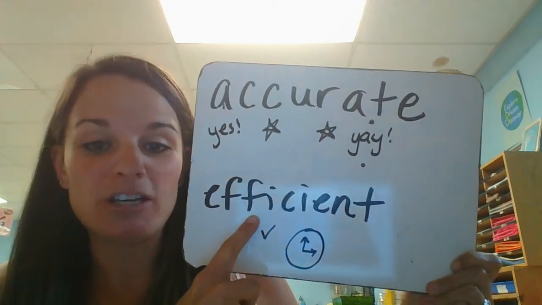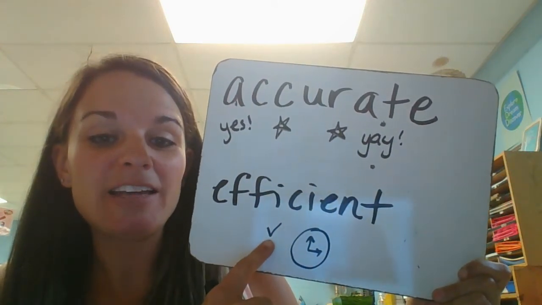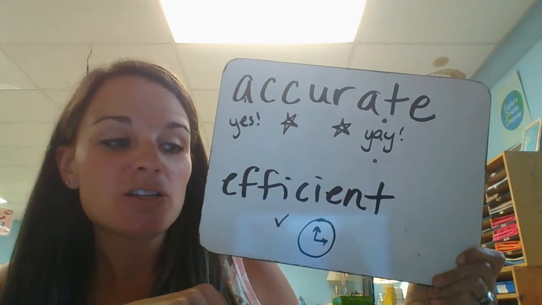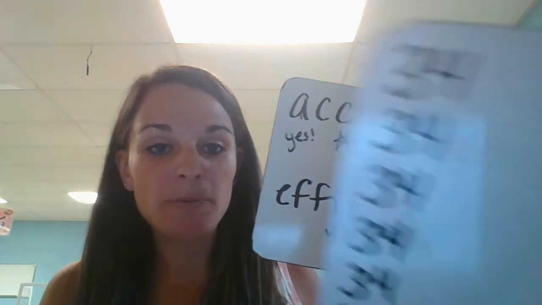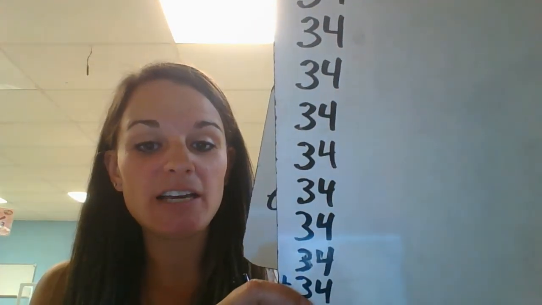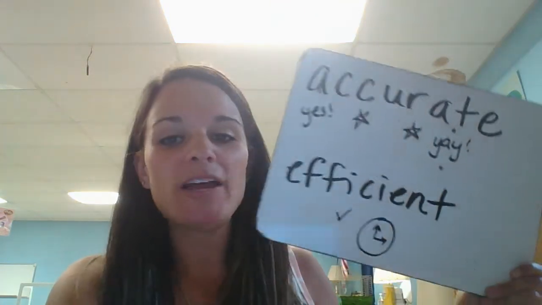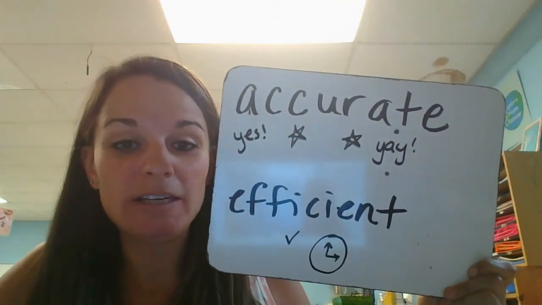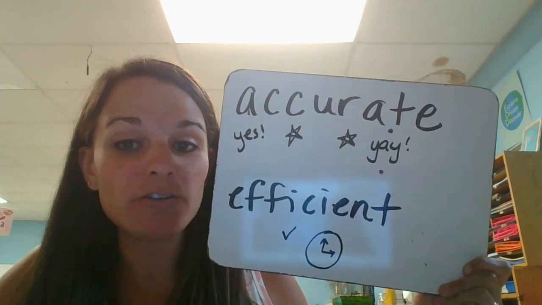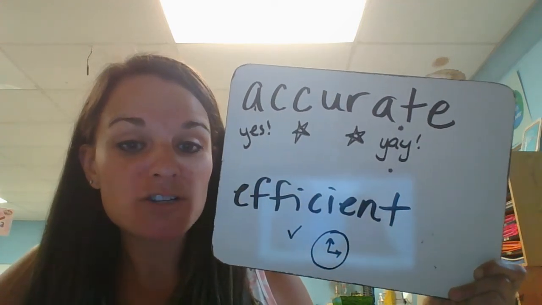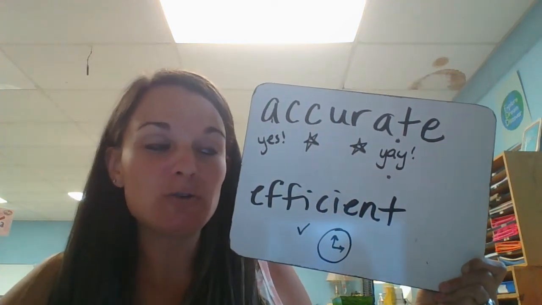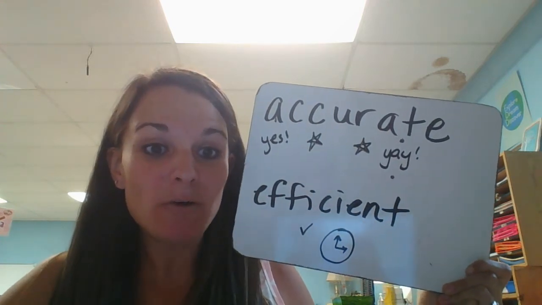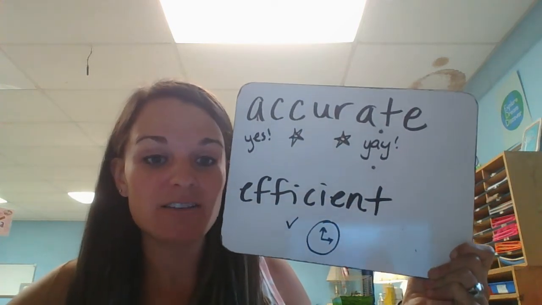The other word is efficient. That means we're going to get it done quickly. We don't want to do repeated addition because that is going to take a very long time. So that's why we like U.S. traditional: it's an accurate strategy and it's going to be efficient. As soon as we get our answer, you're going to say, wow, that was quick. And it is quick. It's awesome.